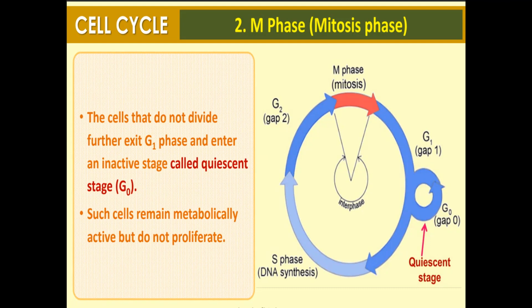Write the first point, G0, and then write the cells that do not divide further exit G1 phase. It will not go in G1 phase, it will go in G0 phase, where it is active. So it can again enter the mitotic cycle phase.